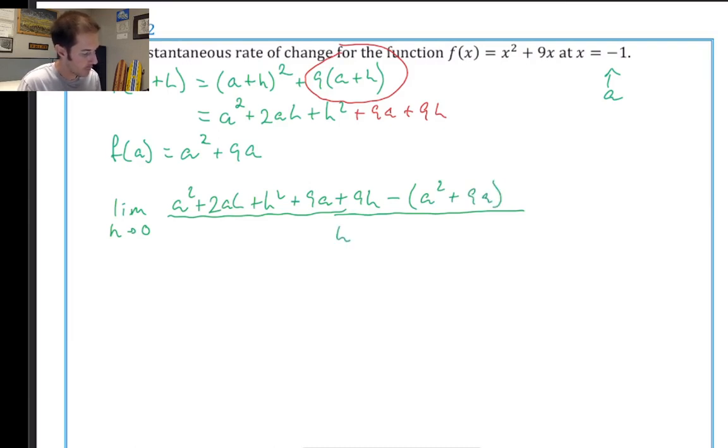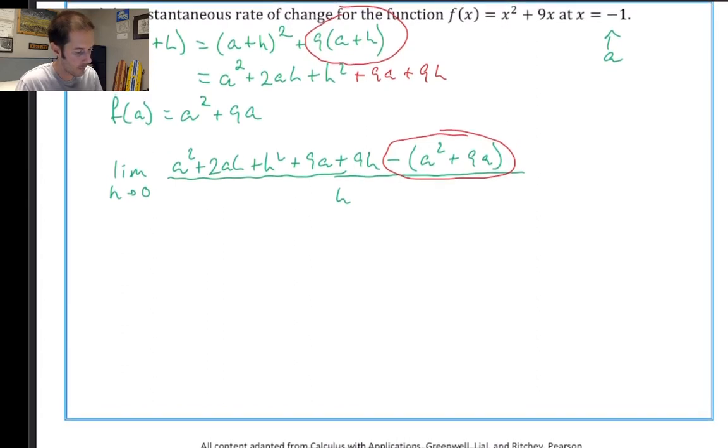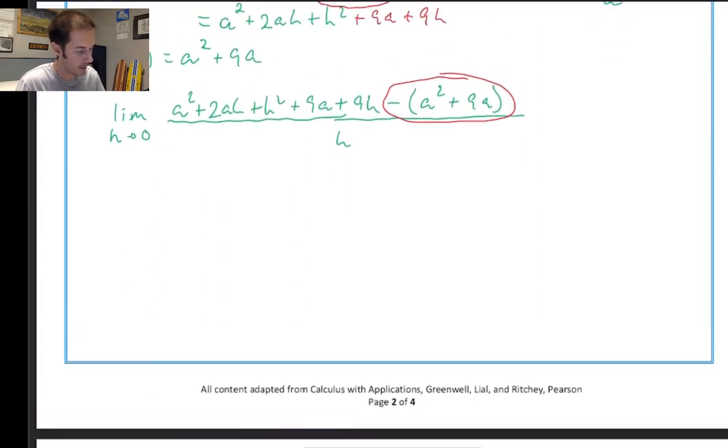All divided by h. So the next thing I'm going to do is come into here and distribute my minus sign, and then we will combine like terms. So I'm going to continue writing the limit. We always want to bring that with us.